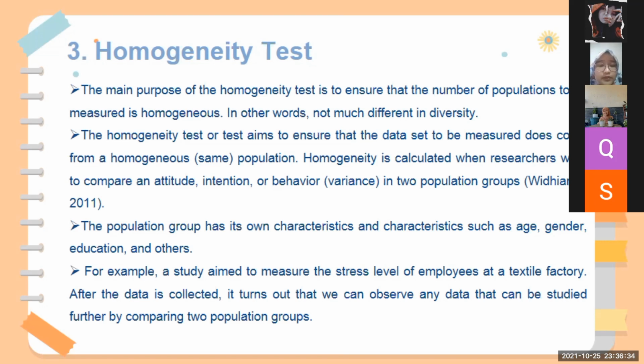For example, a study aimed to measure the stress level of employees at a textile factory. After the data is collected, we can observe that the data can be studied further by comparing two population groups.